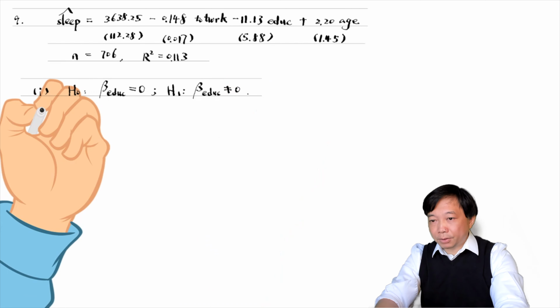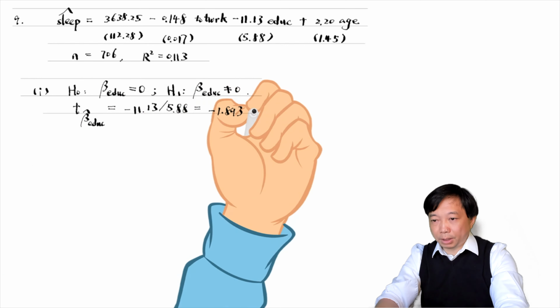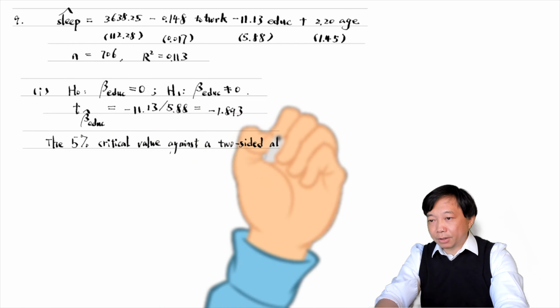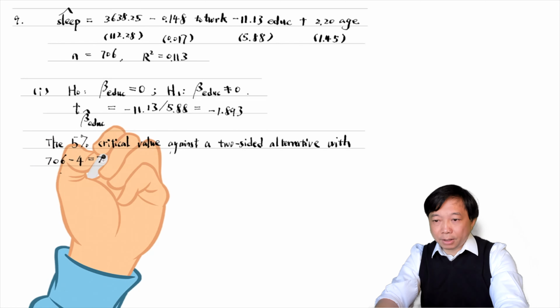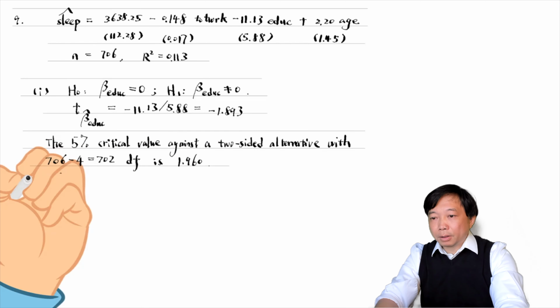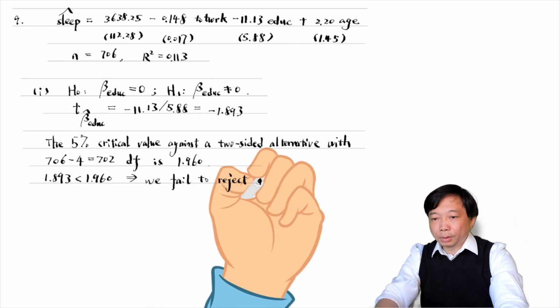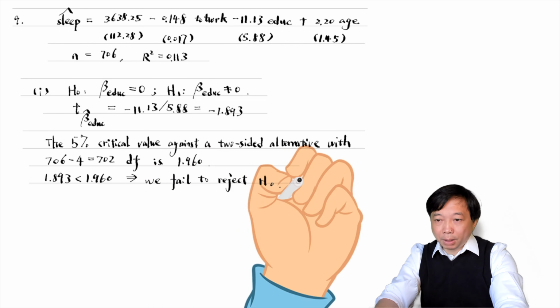The t-statistic equals minus 1.893. The 5% critical value against a two-sided alternative with 702 degrees of freedom is 1.960. Because the t-statistic is below the critical value, we fail to reject the null hypothesis that the coefficient is 0.